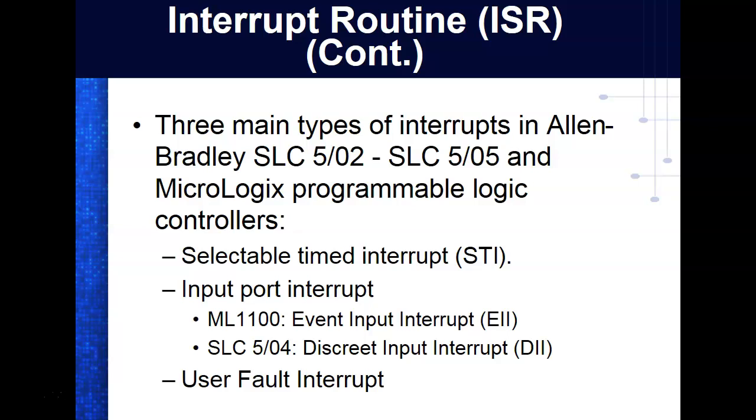So we'll probably, I don't have one of these set up, but I do have one of these set up. So what's the selectable time interrupt? What we do on the selectable time interrupt is that we establish a time, how often this interrupt occurs.